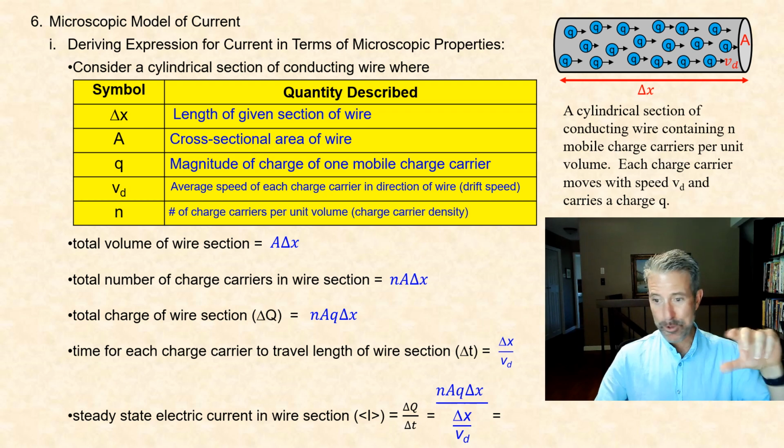When we cancel common factors, we notice the delta x's cancel. We end up with a microscopic expression for current in terms of microscopic quantities: N times A times q times v sub d, the drift speed.